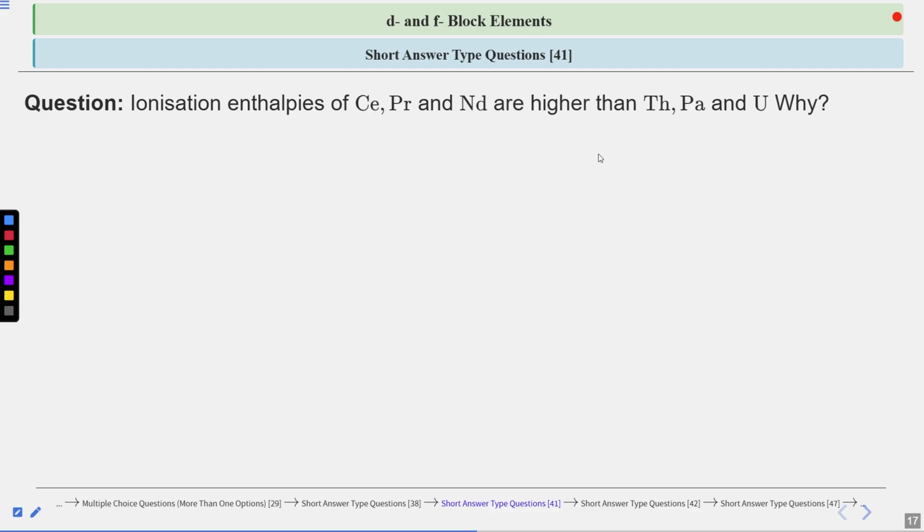Why? These three belong to the lanthanoid series, and these three belong to the actinoid series. You have to tell why these lanthanoid series elements have ionization enthalpy higher than these actinoid series elements. You are given some time, try to solve this, and then we will see the answer.